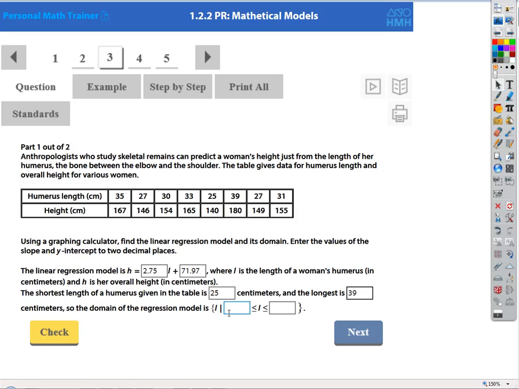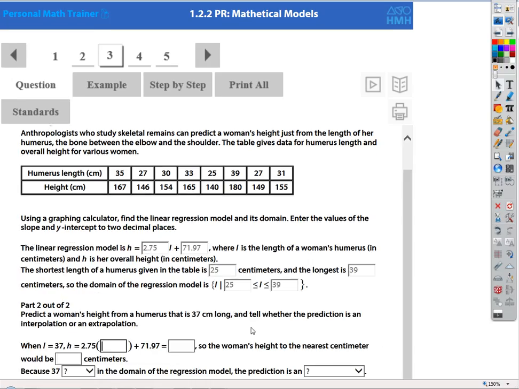The set of L such that L is greater than or equal to, what's my bottom value? 25. Greater than or equal to 25 and less than or equal to 39. Right? Go ahead, check. Yeah, okay. So we got that.